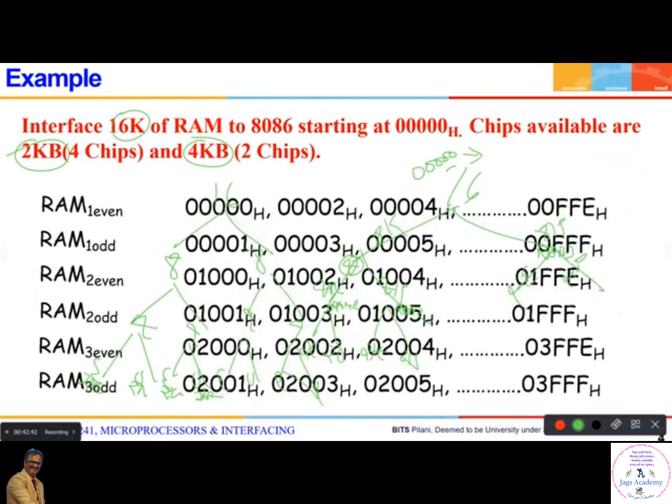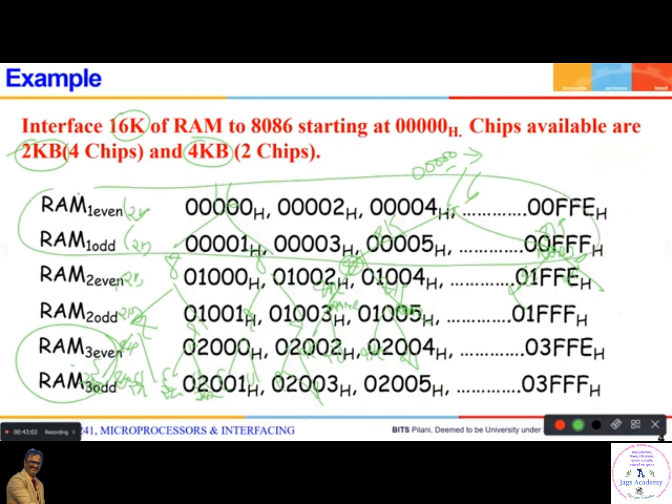See, this is the address range for all the chips. RAM 1 even, RAM 1 odd, RAM 2 even, RAM 2 odd. See, this is your 2K, 2K, 2K, 2K, but this is 4K, this is 4K. See, this is your RAM 1, this is your RAM 2, this is your RAM 3.